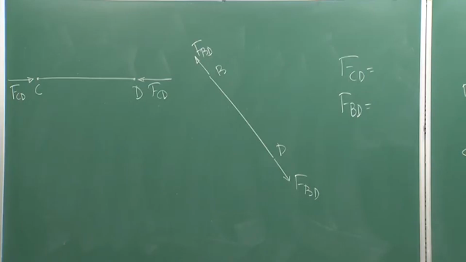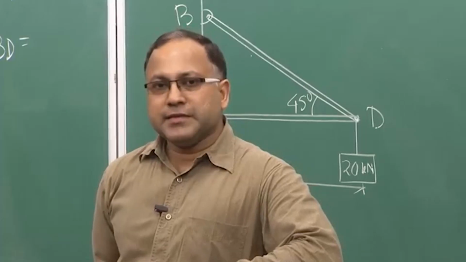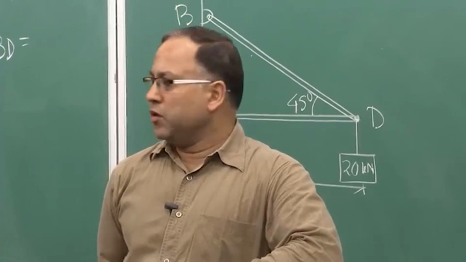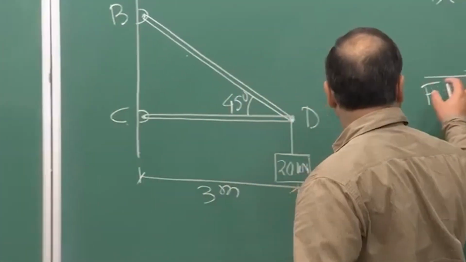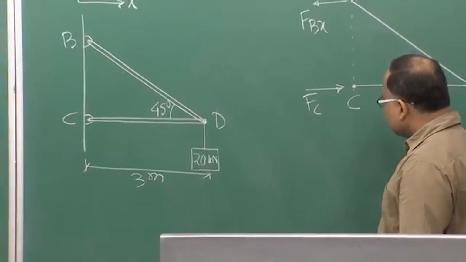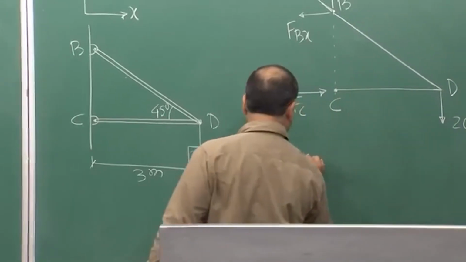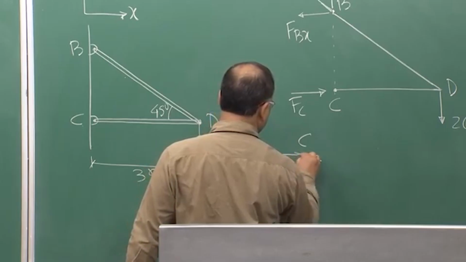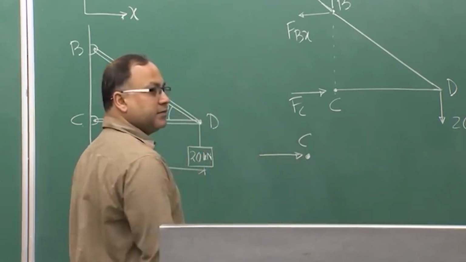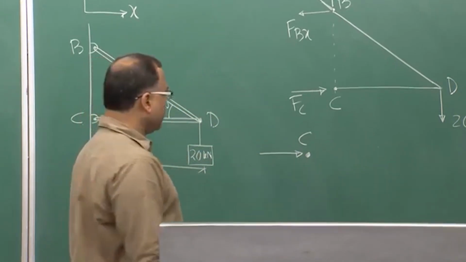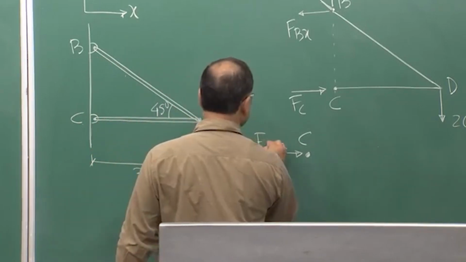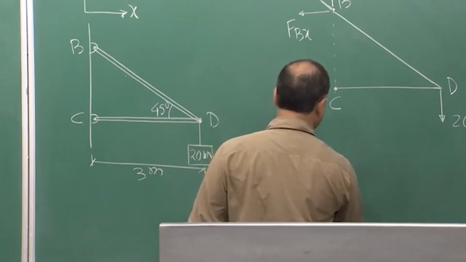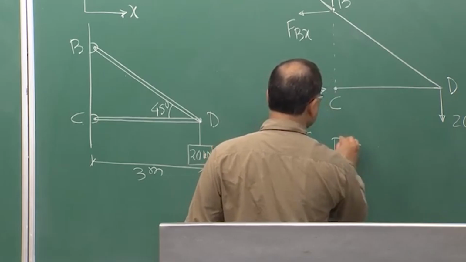Do you know the magnitude, the numerical value of these forces? Yes, you know. How do you know? If you consider the individual joint. So, suppose I am considering joint C, this is my joint C, this is FC, okay. This is FC and this will be FCD.